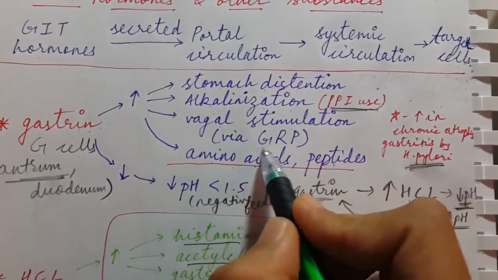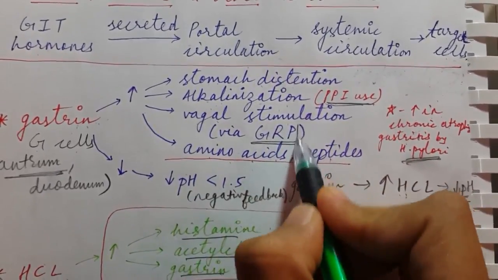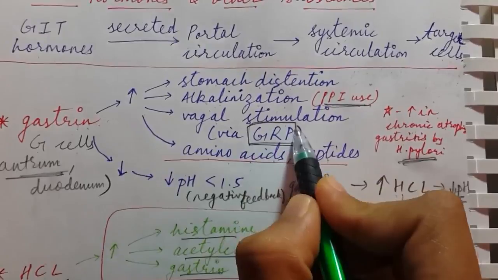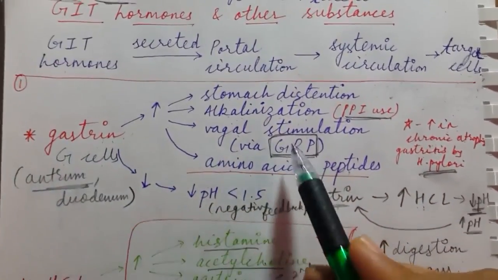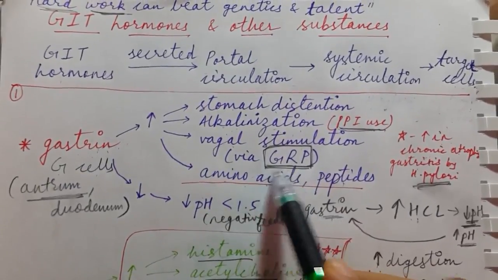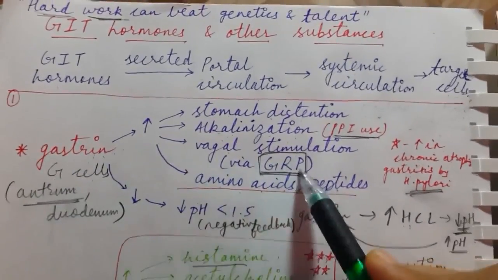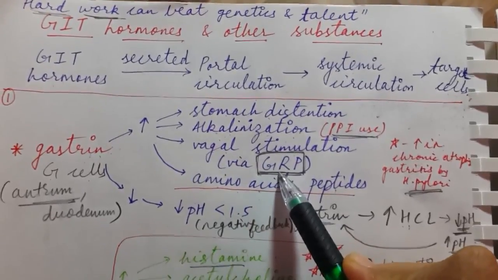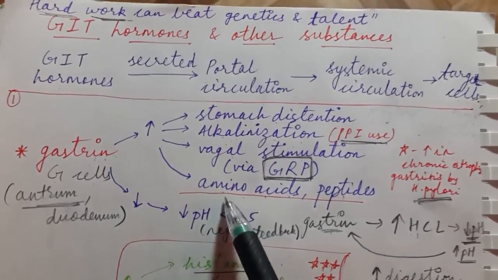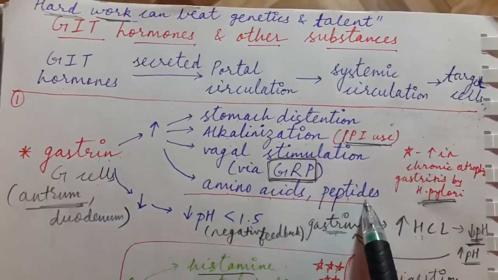The main thing that you should remember about vagal stimulation is GRP. Most students think that the vagus nerve increases gastrin production through acetylcholine, but the answer is that it increases gastrin production through GRP, that is gastrin releasing peptide. So remember that.